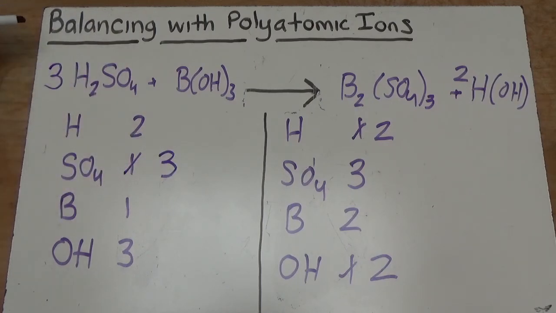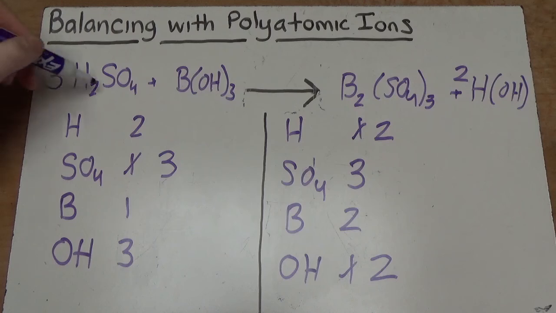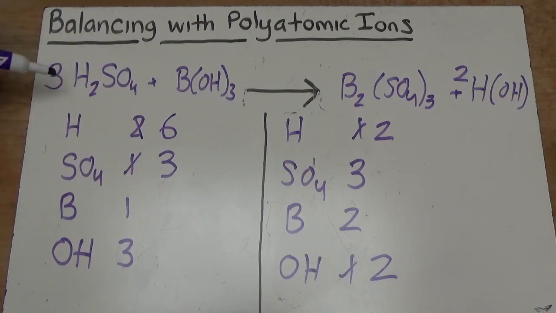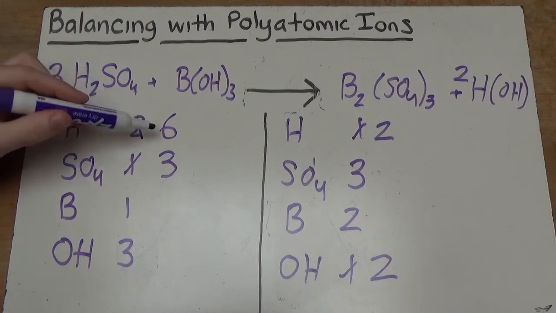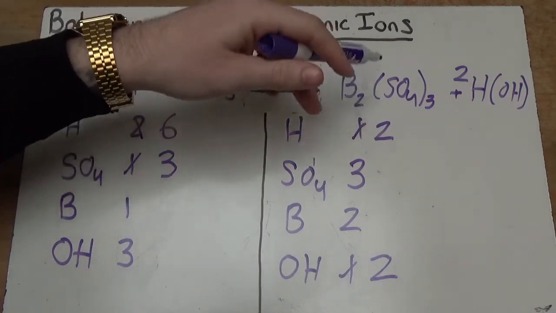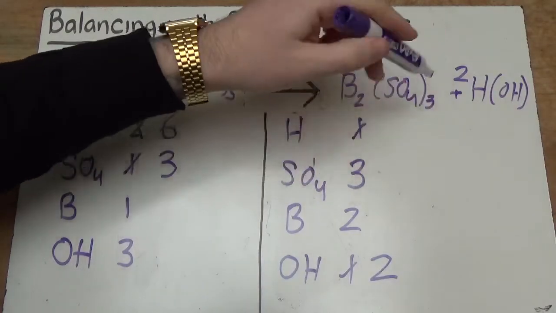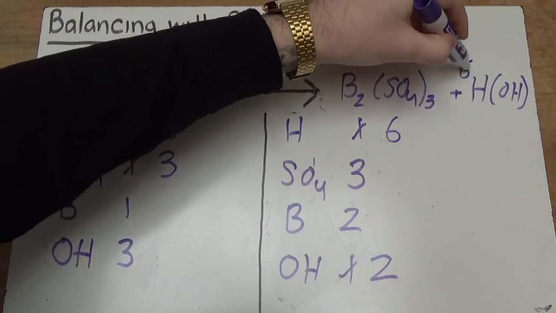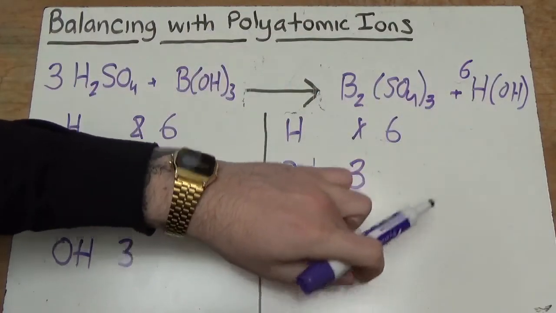Make that true at the top, but then I'm going to have to go back and actually update my number of H's. I actually have 6 now. Well, I can fix that. If I have 6 now, I can multiply 1 by 6. And then just update my number of OHs.